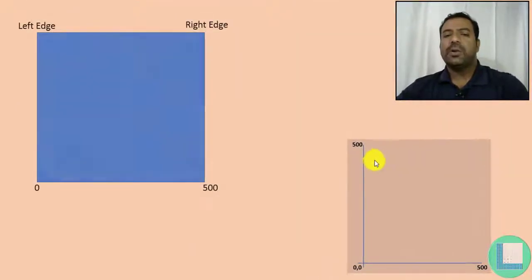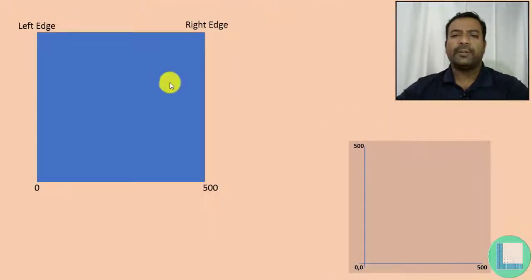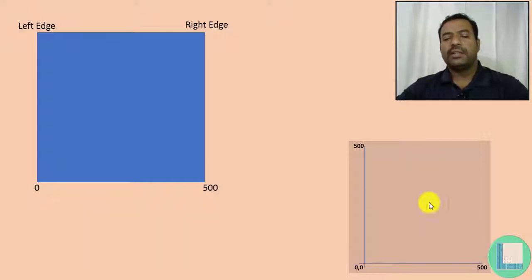So being in this coordinate system, this is going to be my left edge of the coordinate system and this is going to be the right edge, where the left edge has the value 0 and the right edge has the value 500.